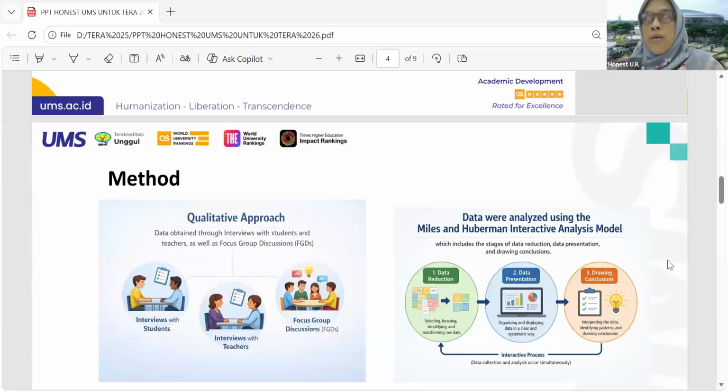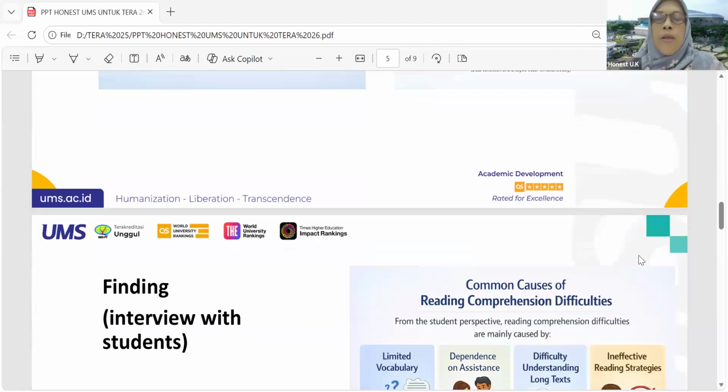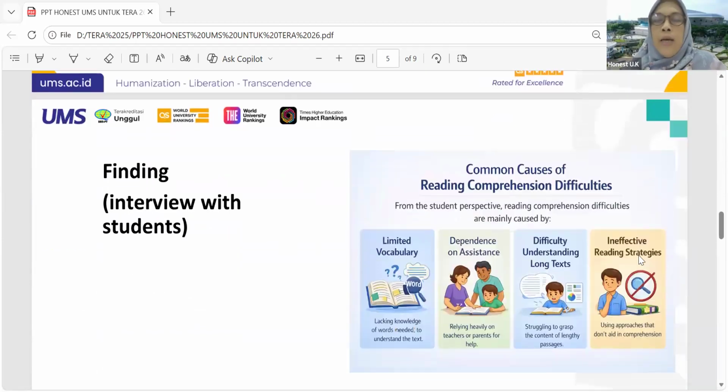Then we interpret the data, identify patterns, and draw a conclusion. That is how we carried out the data reduction.